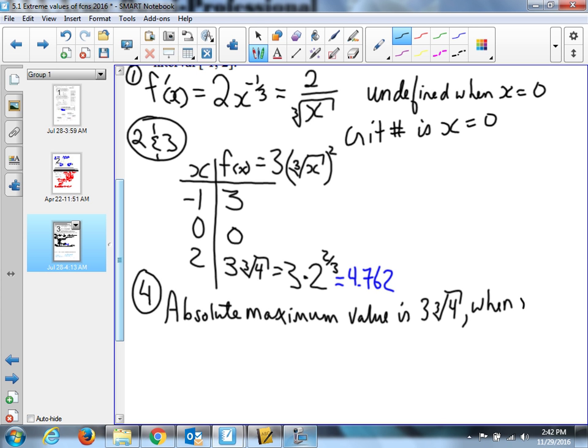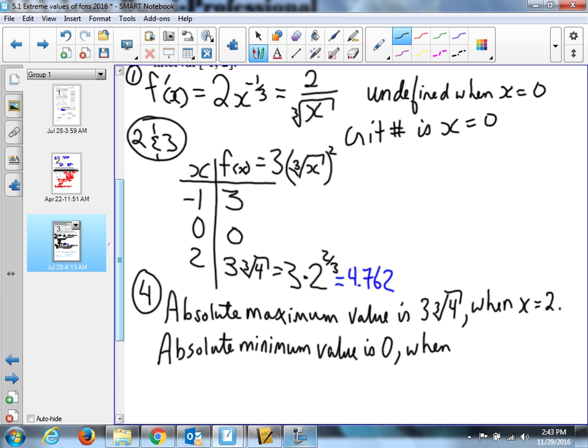And that's when x equals 2. Absolute minimum value is 0. And that occurs when x equals 0.